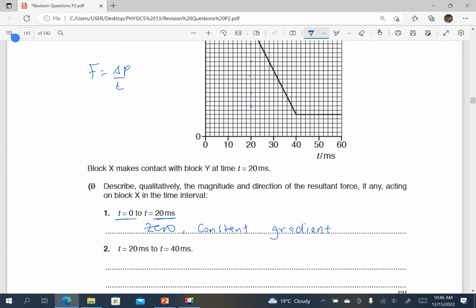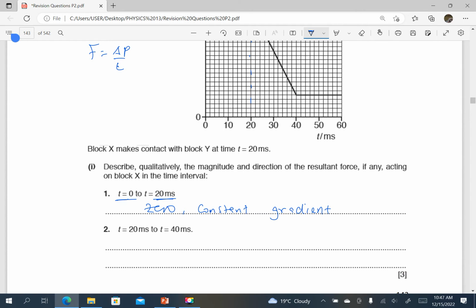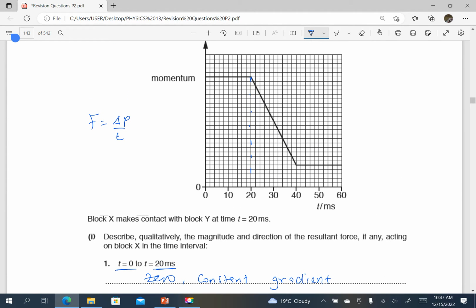Okay, so let's check the second one. Describe qualitatively the magnitude and direction of the resultant force, if any, acting on block X in the time interval t equals 20 to t equals 40. So we look at the graph. You notice that between t equals 20 and t equals 40, the momentum is decreasing.